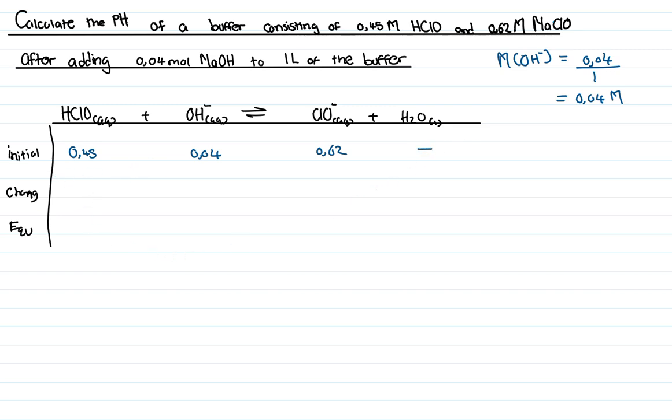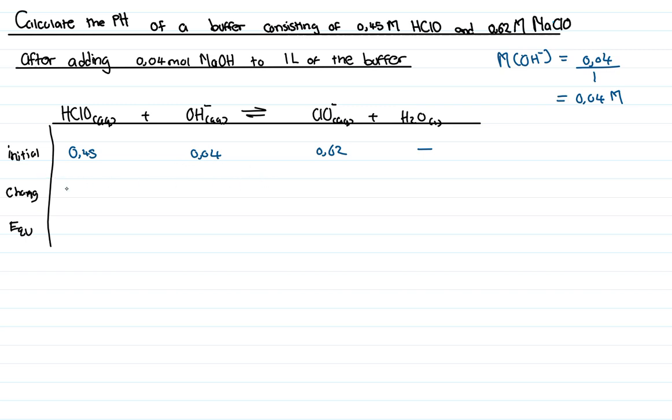And remember, when we add something here, according to Le Chatelier's principle, the system is going to want to counteract with a change. It's going to fight to remove whatever is being added.